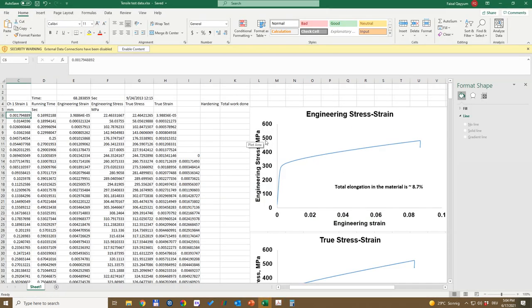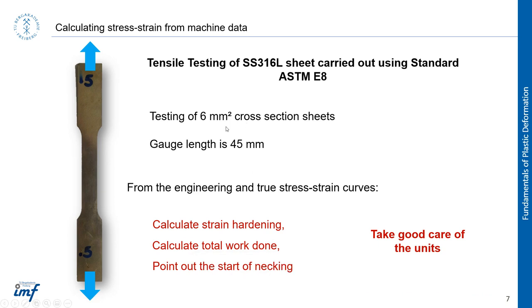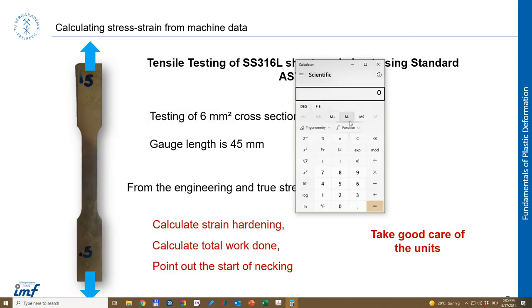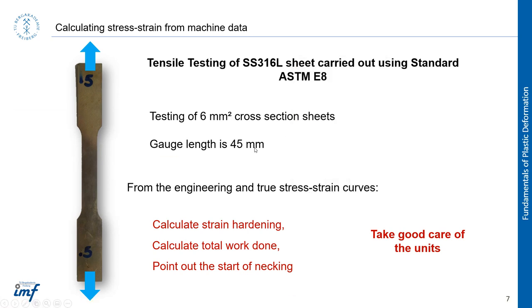So for my material, I will have to measure the volume. The volume is 6 millimeter square cross section area times 45 millimeter gauge length, and 45 multiplied by 6 is 270 millimeter cube.